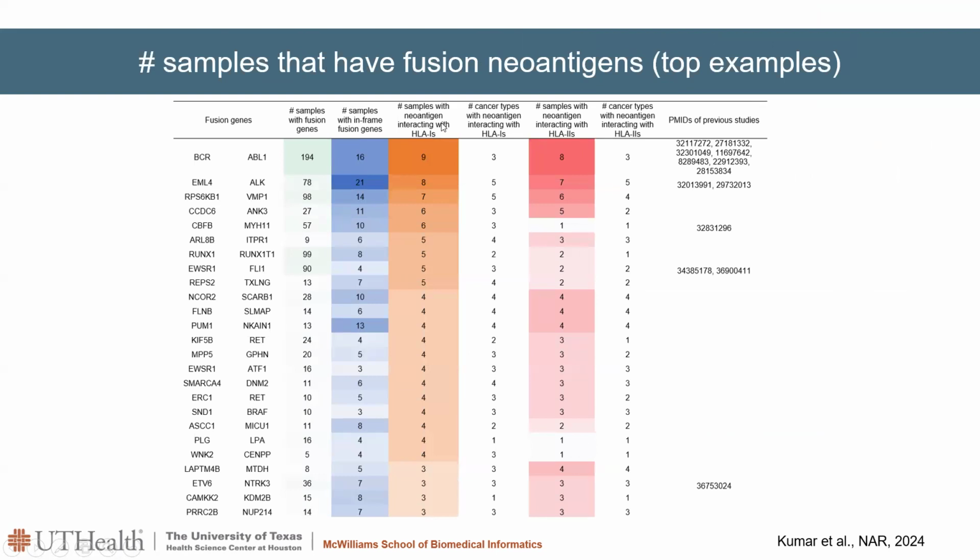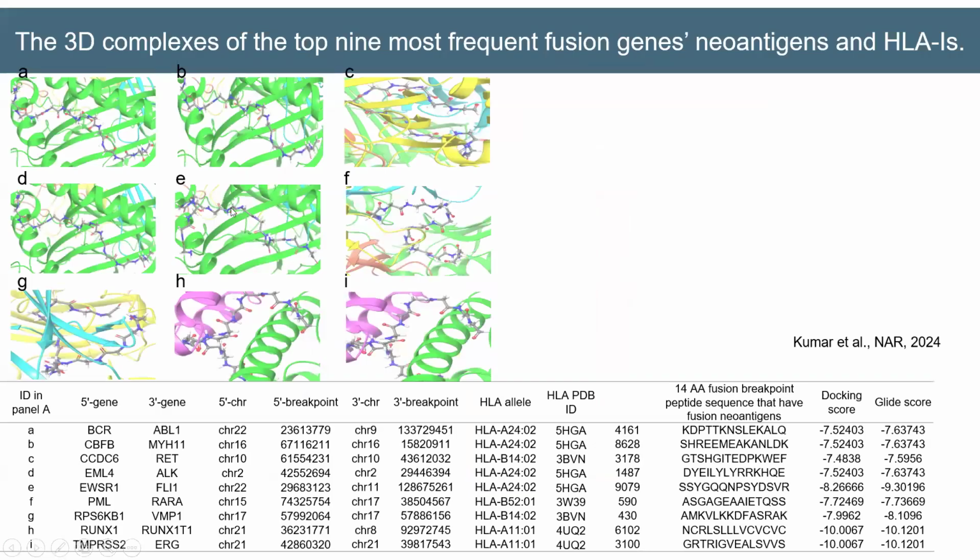And this one shows the number of samples that potentially express fusion neoantigen from our study. We show the top cases here. And this is the 3D complex between neoantigen and HLA molecule of these famous fusion genes.